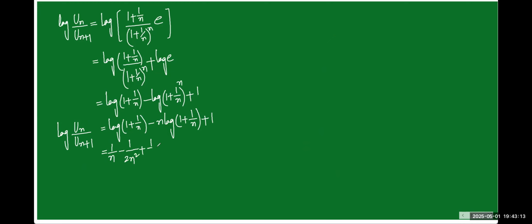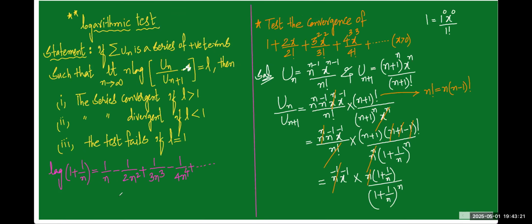But the value of log e is 1, sir. Yes, log e is 1. I'll give you those basic formulas here only. Log e value is 1. Log ab is equal to log a plus log b. Log a by b is equal to log a minus log b.